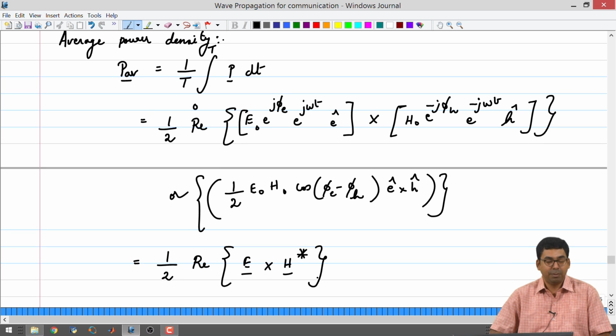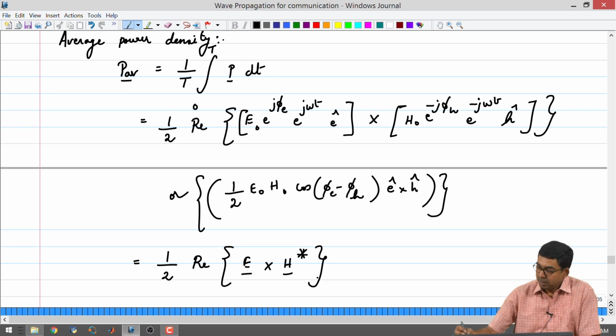To account for that phase difference, the way to calculate power is to take E cross h complement. Many of you may remember in low frequency circuits, you would have had V i complement in AC circuit power calculation. You would have had half V i complement to be the average power in AC circuits. This is exactly a similar case, where to account for the phase difference between E and H, you have to take the complement of H.